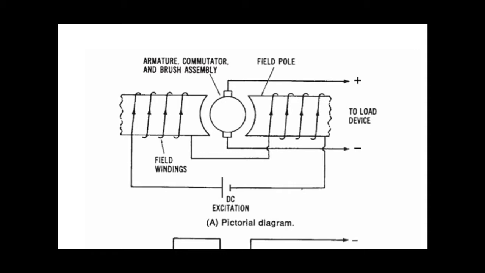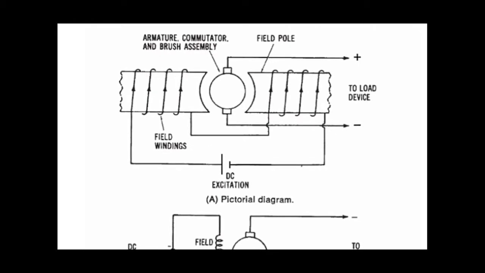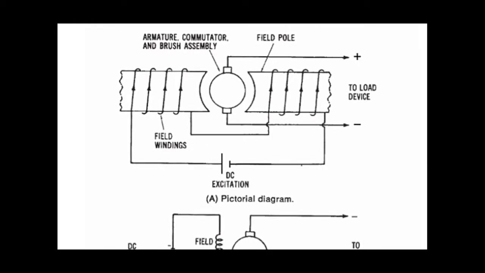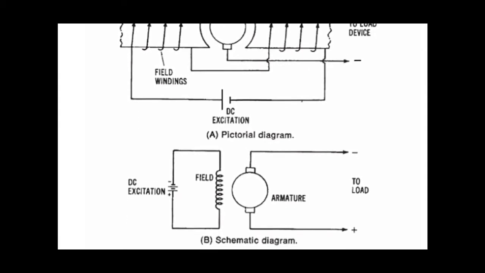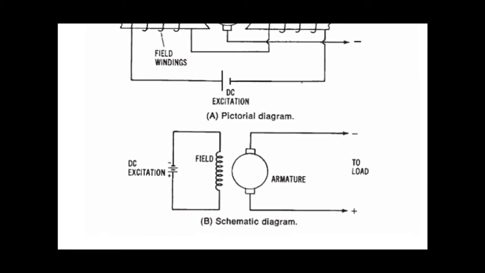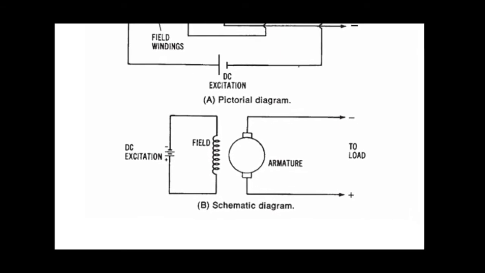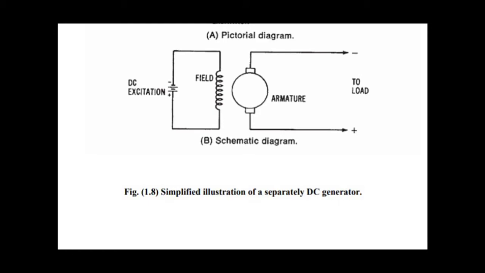In a separately excited DC generator, the armature winding is connected to the load, and the field winding is connected to a separate DC source. Field is connected to DC excitation, armature is connected to load. Simplified illustration of a separately excited DC generator.